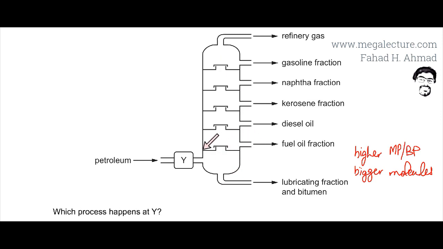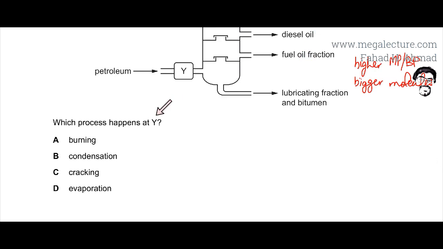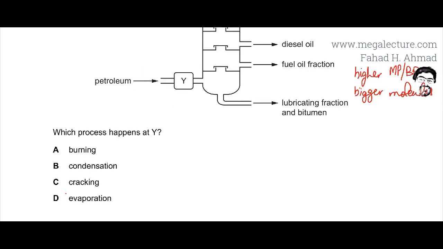So you obtain these bigger molecules first, and smaller molecules, because they have lower melting and boiling points, condense later. So you get all these fractions. Now the question is, which process happens at Y? Y is the part where you're evaporating this petroleum. So the correct option is going to be evaporation.